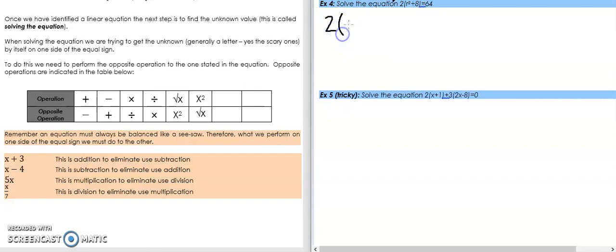Now, it is a non-linear equation, but just to see how this works, I'm going to apply the first opposite operation, which is divide by 2, because it's a times 2.